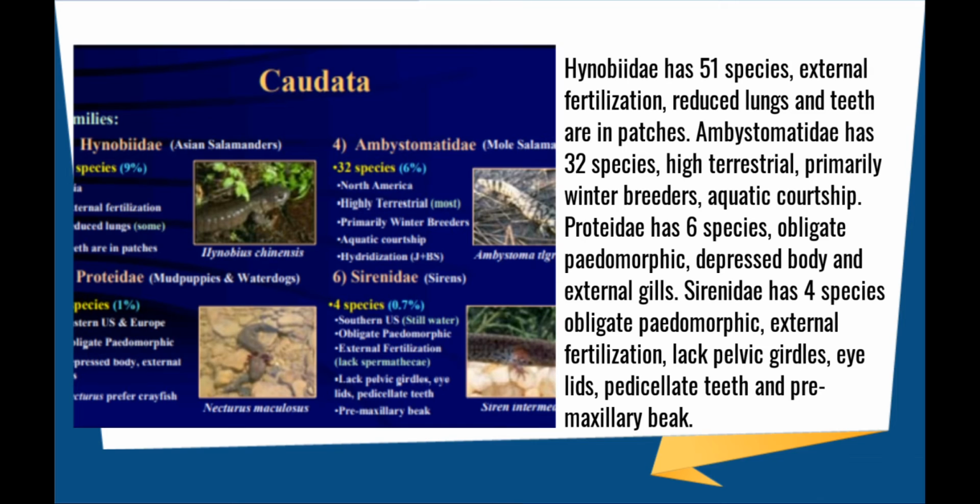Proteidae has 6 species, and they are obligate paedomorphic, with a depressed body and external gills, while the Sirenidae has 4 species, and they are also obligate paedomorphic with external fertilization. They lack pelvic girdles and eyelids, and they have pedicellate teeth and a premaxillary beak.